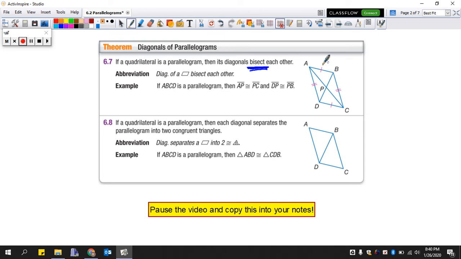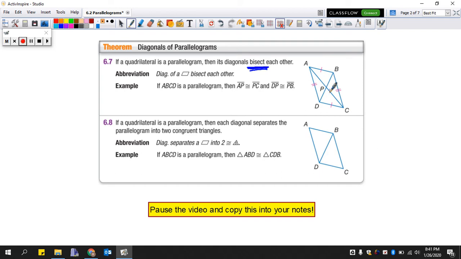So BP, from B to P, is the same distance as from D to P, because AC bisects the diagonal BD. Likewise, the diagonal BD bisects AC, so from A to P is the same distance as from C to P.